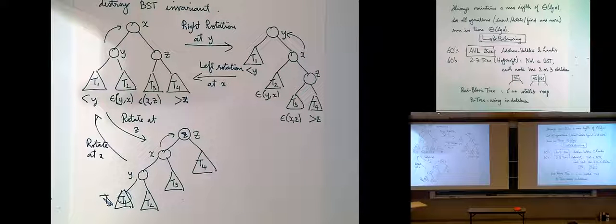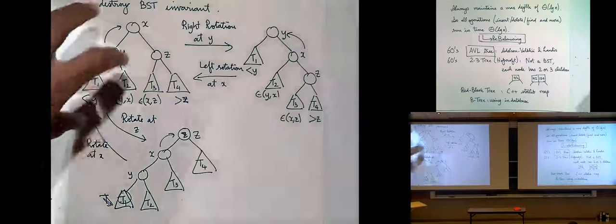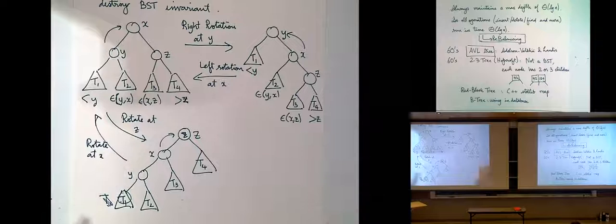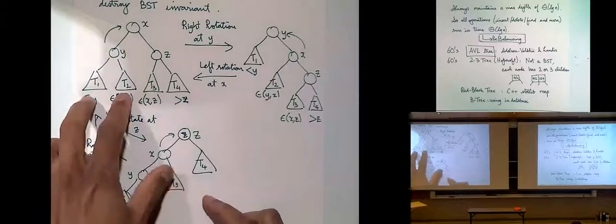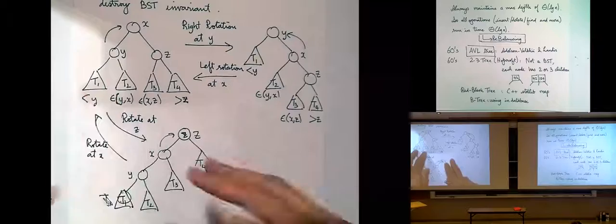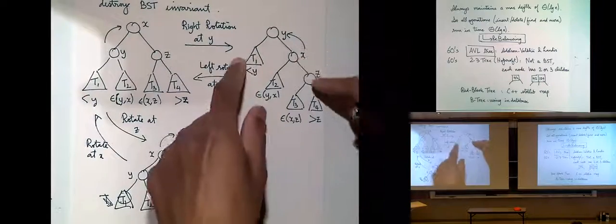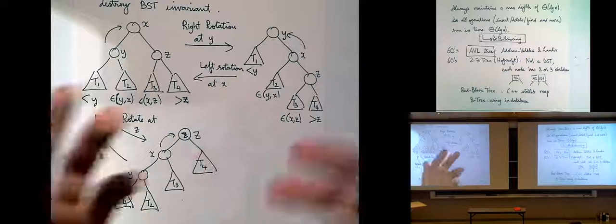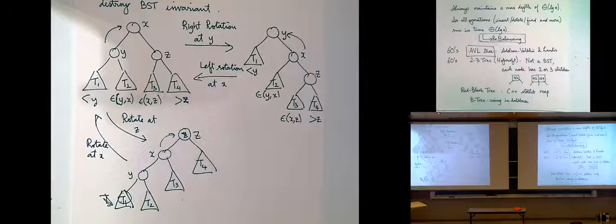Does this make sense? So these are operations that you can apply at a node, and you can see that by doing this, certain trees go up and certain trees go down. And this is going to change the depth. So for example, if some of these were really deep and these were shallow, you could rotate to rebalance. Of course, this picture looks like these are different heights, but T1, T2, T3, and T4 could be anything.